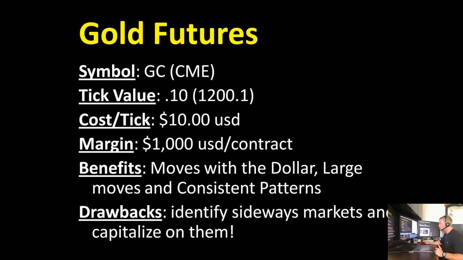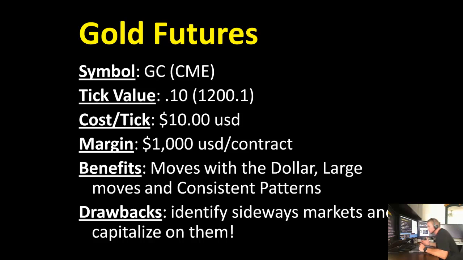But let's talk more about gold here. The symbol is the GC. The GC used to trade as NYMEX gold, but now the CME Group has gobbled up the NYMEX, and now the symbol is GC on the CME Group. It's going to tick at 0.1 per tick, so you'll see it listed as 1200.1.